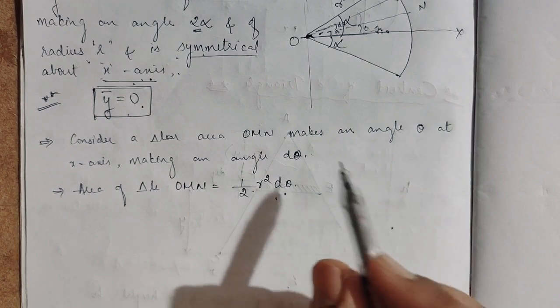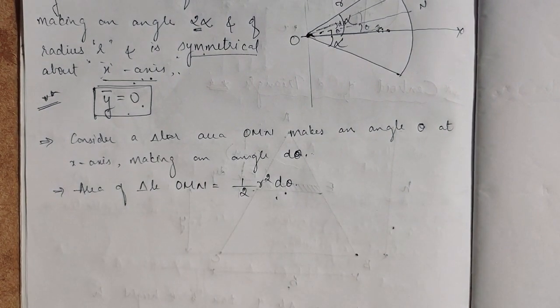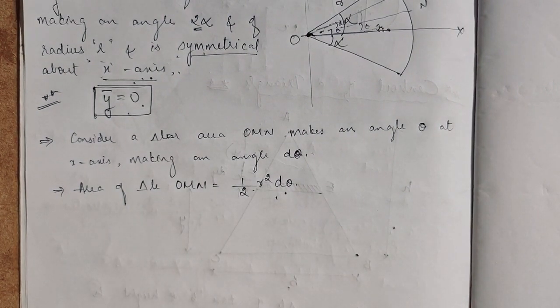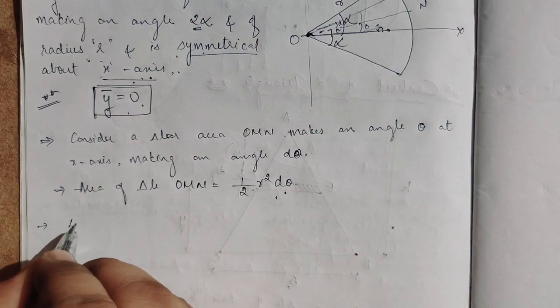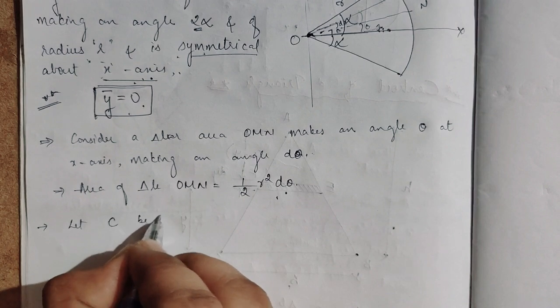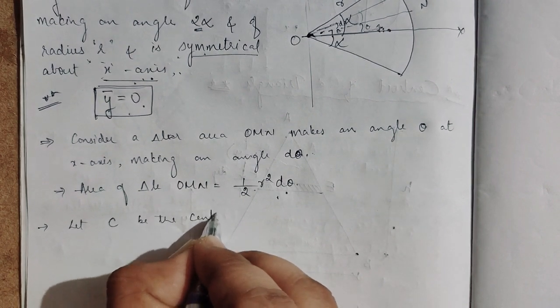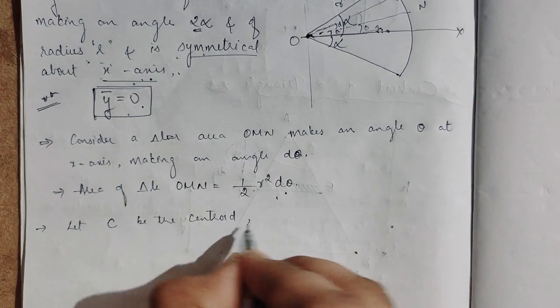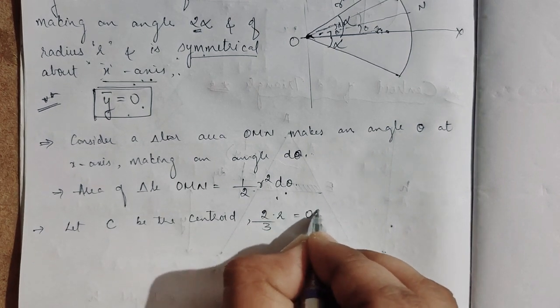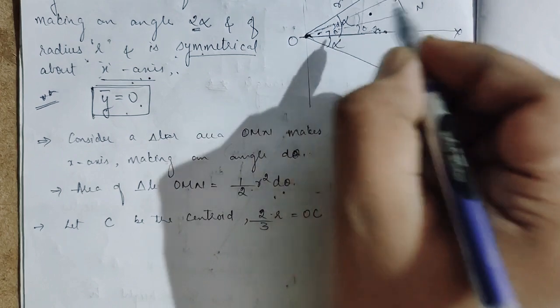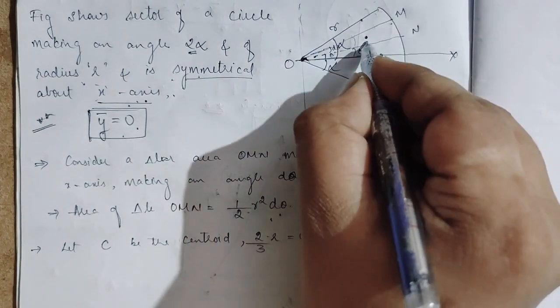You have to write OM into MN, like in the previous derivation. Then let C be the centroid of the plane lamina at a distance of 2/3 into r, that is OC.